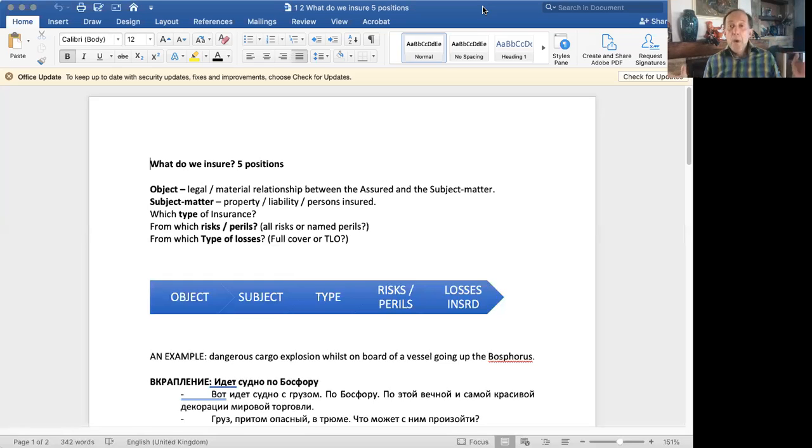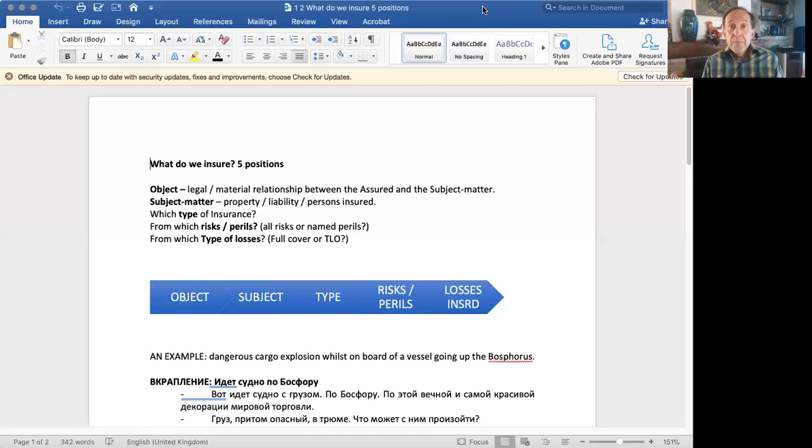Now we have lots of perils or risks outside of our subject matter insured. And we actually have to have them listed, or to agree that our policy will be an all risks policy with some exclusions. So we're talking about what we're insuring against, number 1, risks or perils.